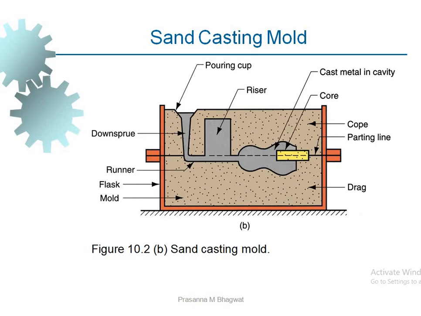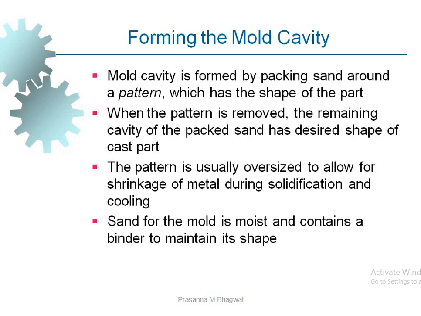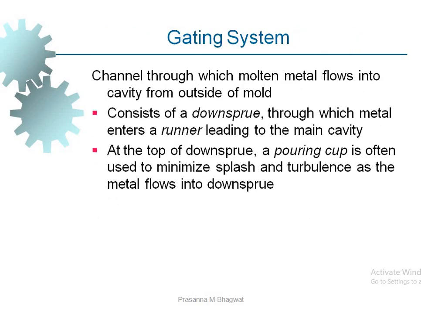To compensate for that, liquid metal is supplied by this riser. When there is a shortage of metal, this section will get the metal from the riser, which will fulfill the requirement. That's why the riser is there, called the reservoir of the metal, which provides the metal as and when there is a shortage.